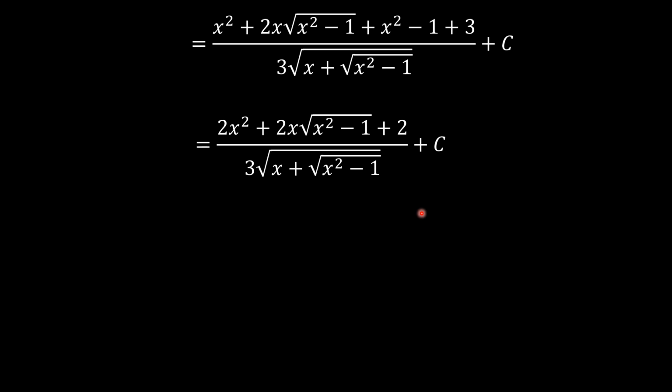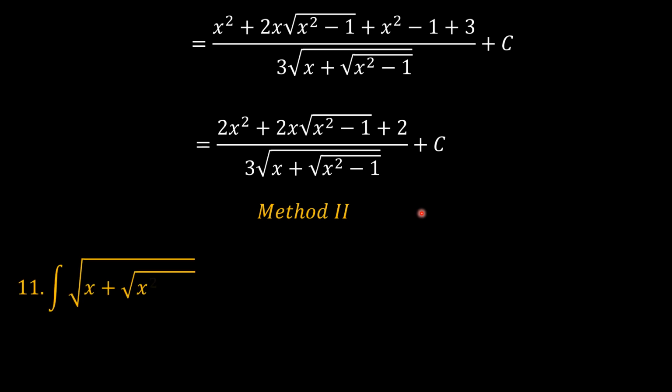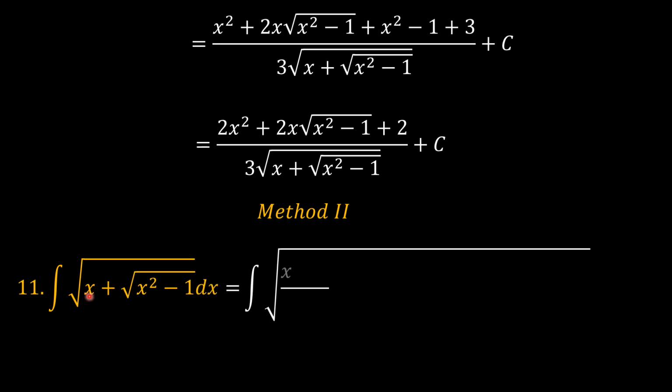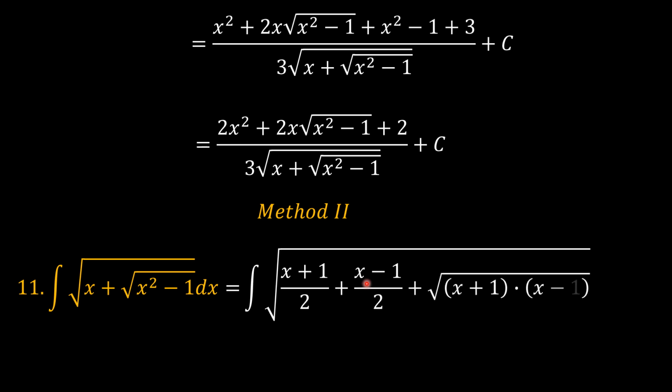because I think this is a fairly simplified expression. The second method is obviously different. What I would do is I would choose to express x as the sum of (x plus 1) over 2 plus (x minus 1) over 2.